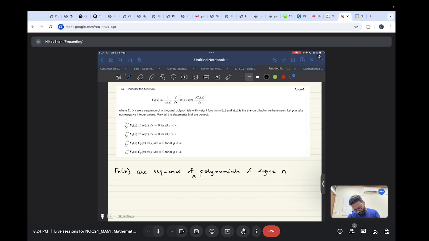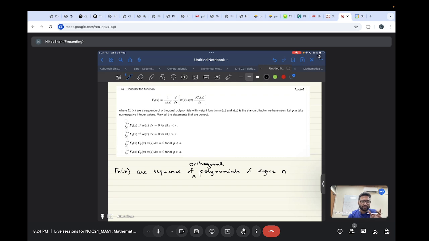Sorry, my bad. What I meant to say is they are a sequence of orthogonal polynomials of degree n. That's an important part. The derivation of this, by the way, is given in the lectures, so you can just check that out. I don't think I need to derive it here again. It's a very standard derivation.